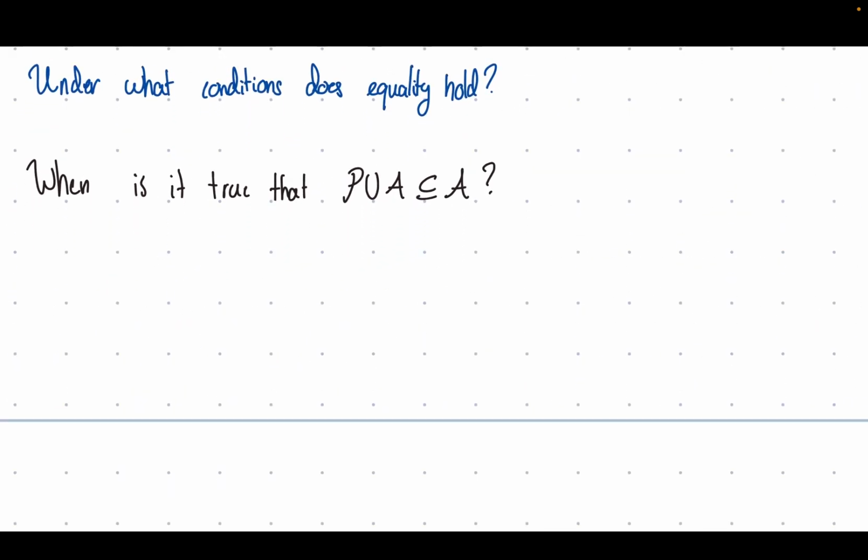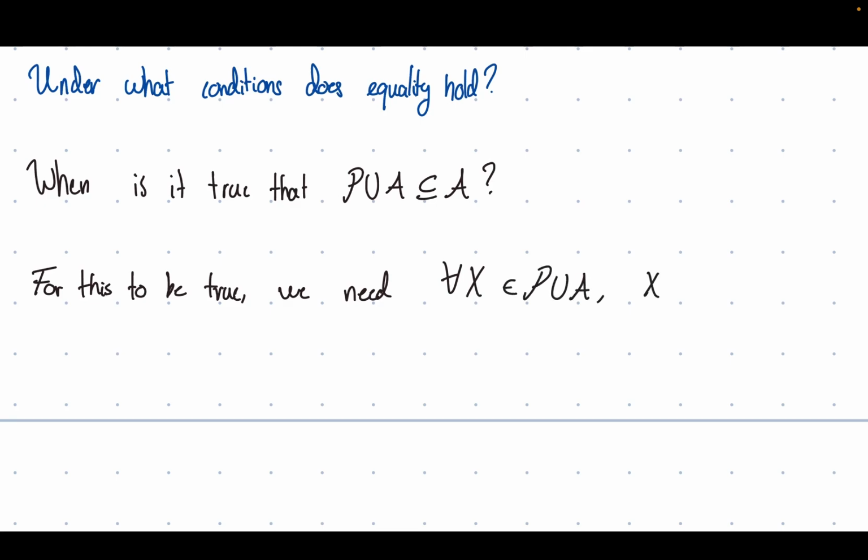So, for this to be true, we need the following to hold: that for all big X in the power set of the union of A, big X is in A. Okay, so the power set of the union of A, again, I like reiterating stuff.